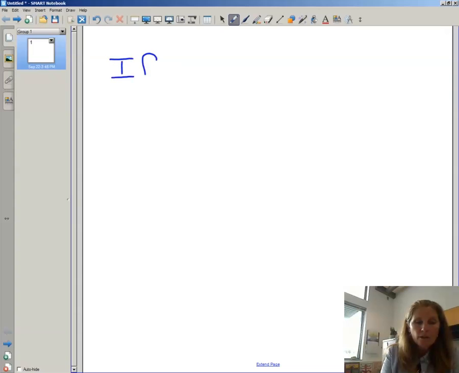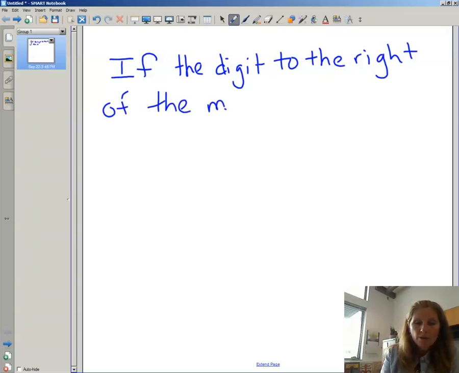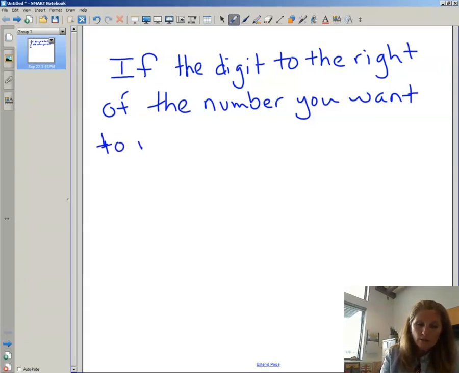If the digit to the right of the number you want to round is 5 or greater, round up.